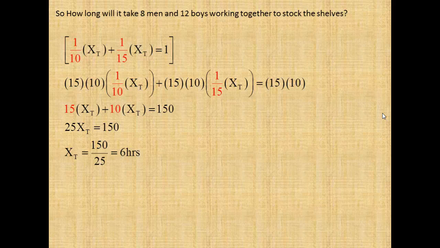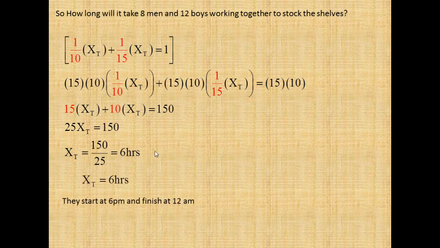So we multiply both sides of the equation by 15 times 10. The 10s cancel here, the 15s cancel here. 10 times 15 is 150. Add up the X's: 15 and 10 is 25. Divide both sides of the equation by 25. That gets 150 divided by 25 equals 6 hours.